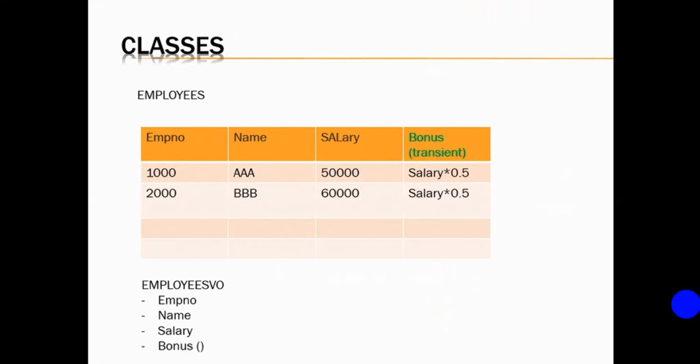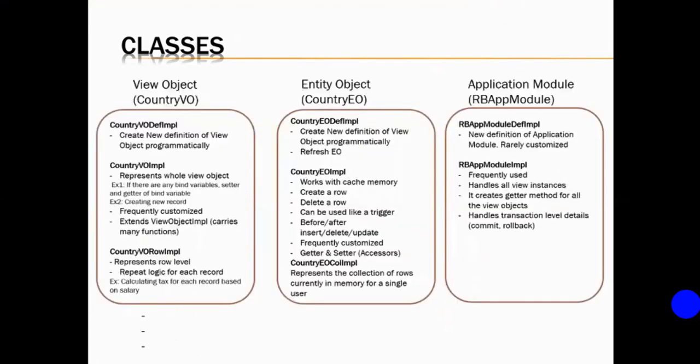If you think of a statement level trigger, it is more like VO IMPL. A row level trigger is more like country VO row IMPL. It's not exactly a trigger, but it helps understanding. If we implement a logic at the row level class, that logic will be repeated for each and every row.